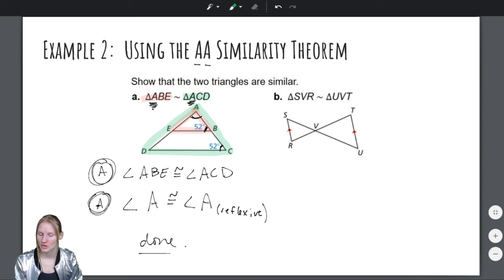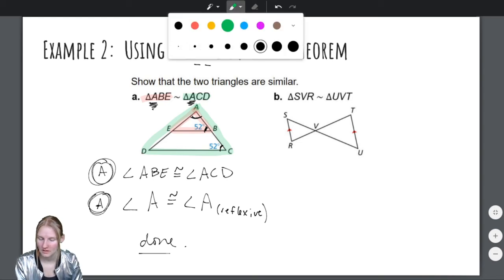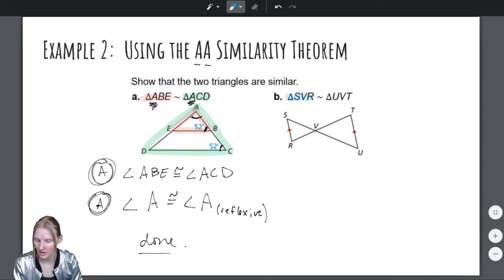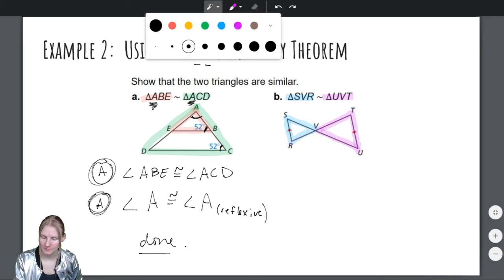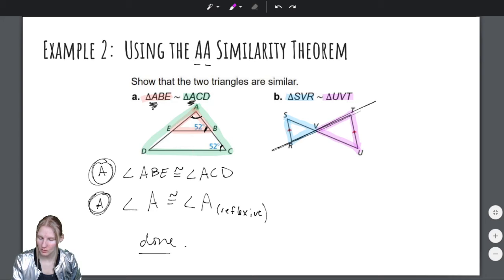Okay, so triangle SVR is similar to triangle UVT. We need to show that this is true. Now, remember that when we have two lines that cross, we know that the angles opposite them are congruent.